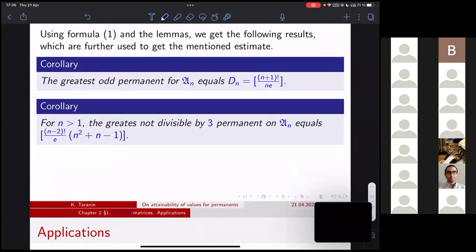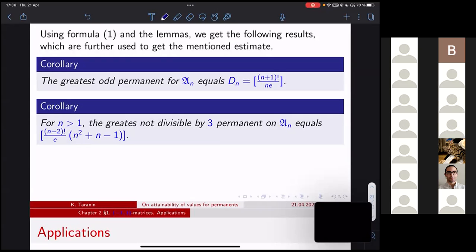Take the interval from 0 to 1, split it into 100 segments of equal size, and consider all the 0-1 matrices whose permanent divided by n factorial falls into such a segment.